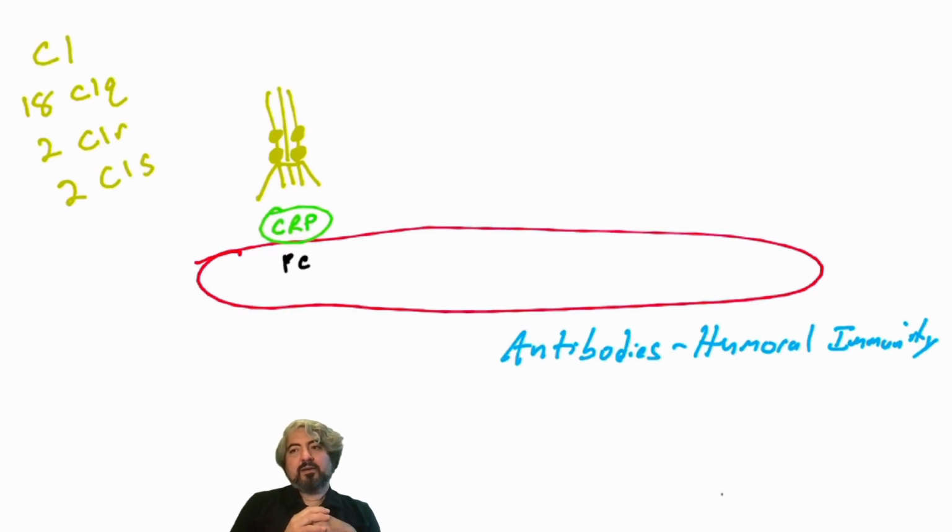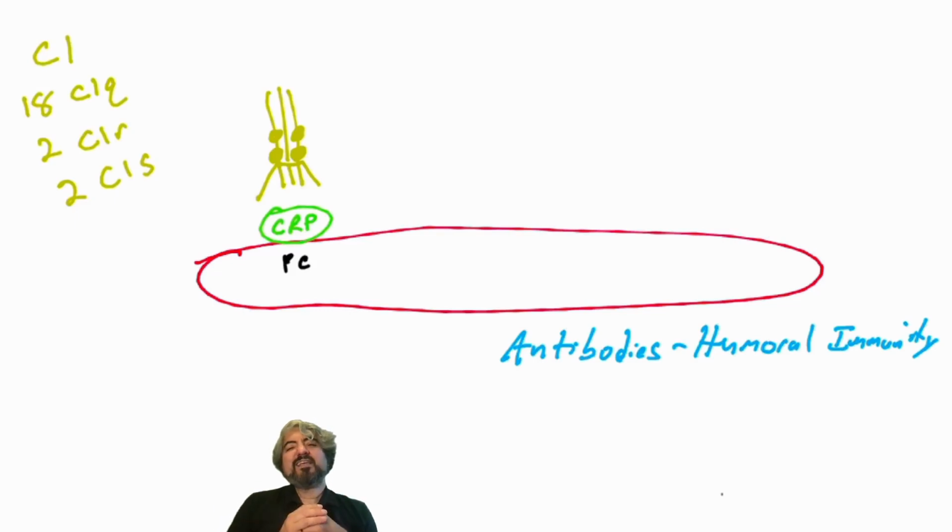Now we're going to talk about how antibodies can be used to activate complement. Antibodies are produced in response to a pathogen via humoral immunity, requiring B cells to recognize a pathogen's presence, with an immunoglobulin on the surface of that B cell with an antigen binding site that can recognize an epitope on the surface of that pathogen.